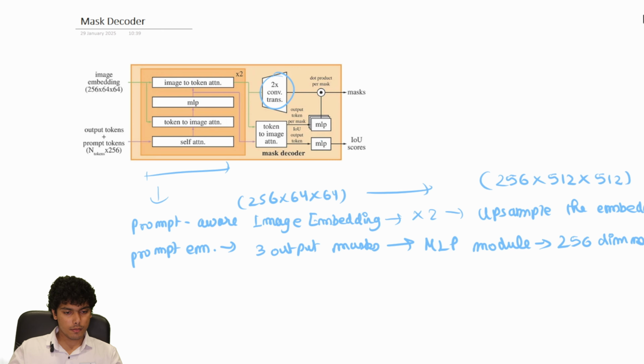Now we take a dot product of the upsampled embeddings and the mask embeddings in order to generate the masks. Also, we train a separate MLP layer here to generate IOU scores. So the output of the model would be 3 masks with their IOU scores.